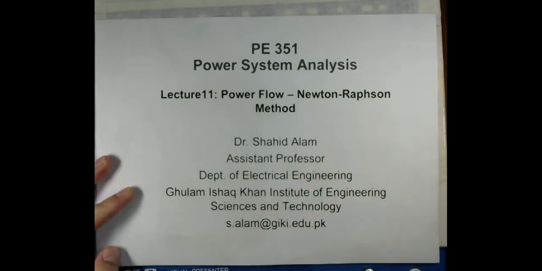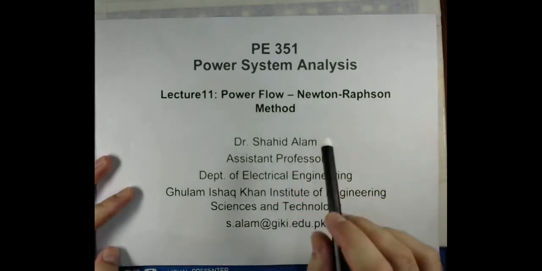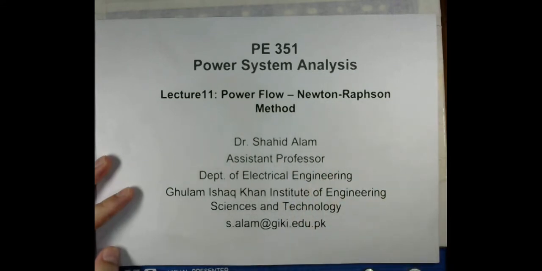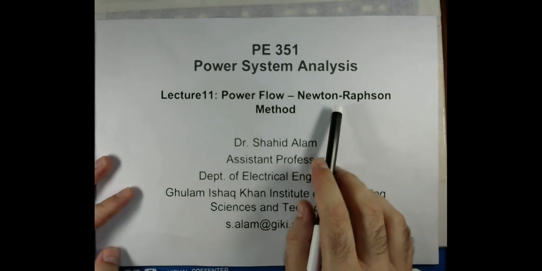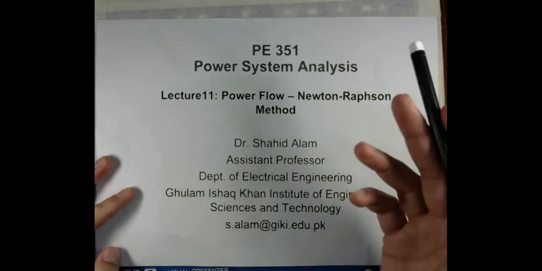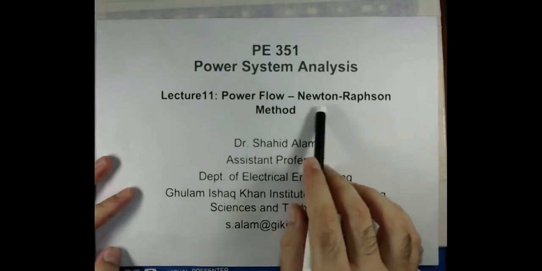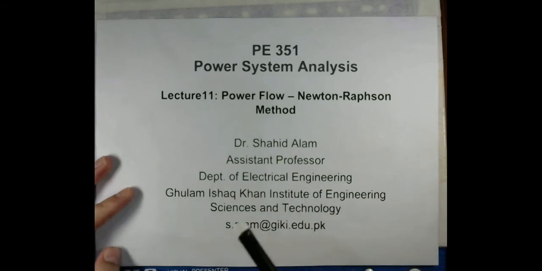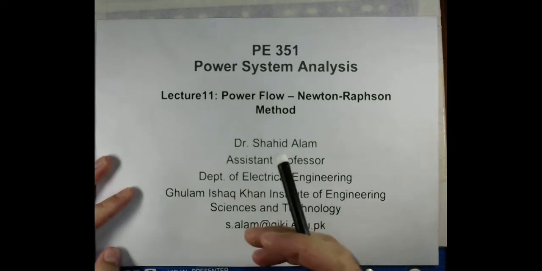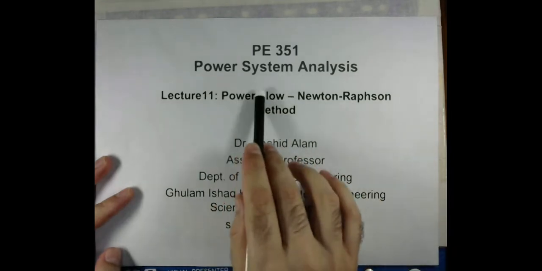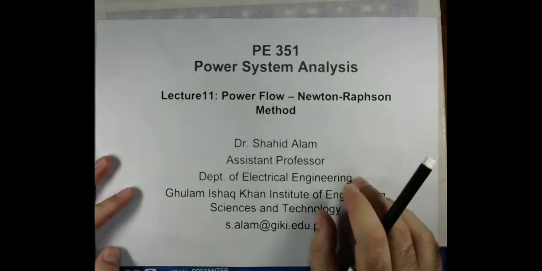So we discussed before this method the Gauss-Seidel method, and then we also solved 3 different problems. So in the last recorded lecture we talked about the second method, that is the Newton-Raphson method, and then we even developed the general form or the general algorithm for solving power flow problems using the Newton-Raphson method.